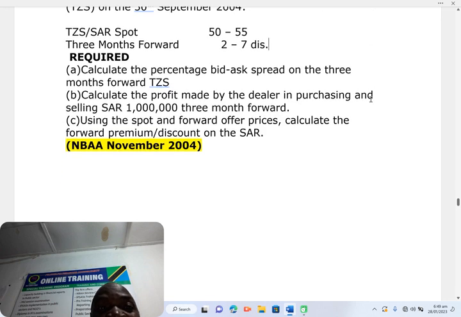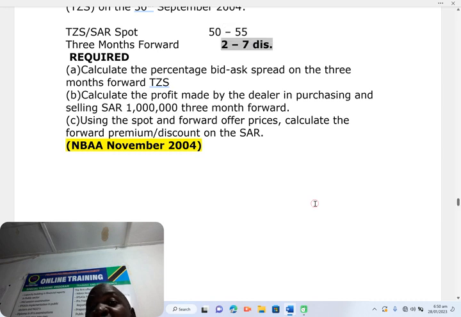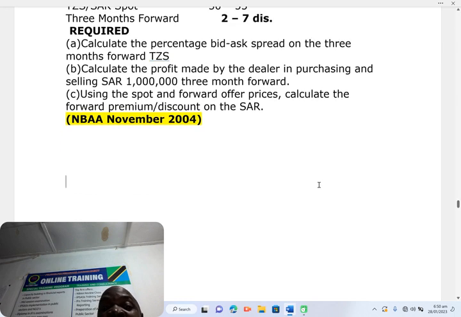The first step here, we have the spot rate and we have the 3 months forward. But the spot rate has been described in swap rates. Do you get it? So our issue is to convert this swap rate into outright rate. That is the first step.